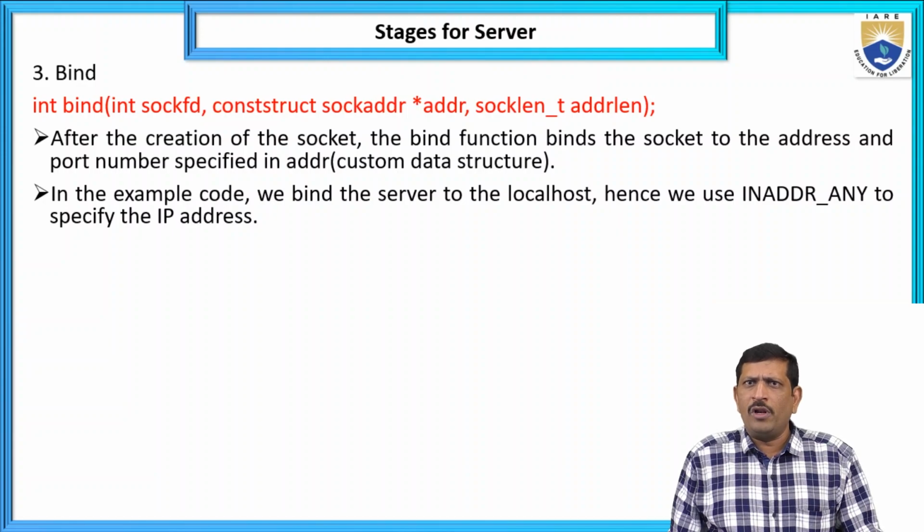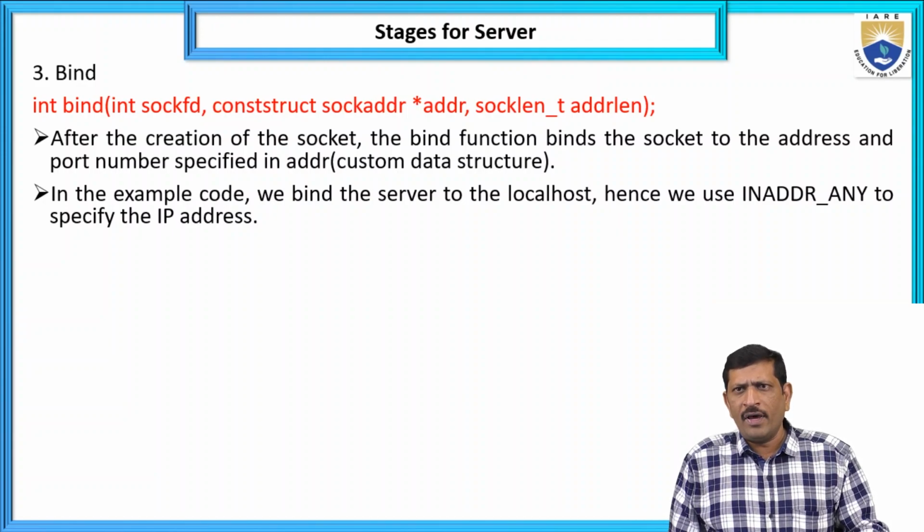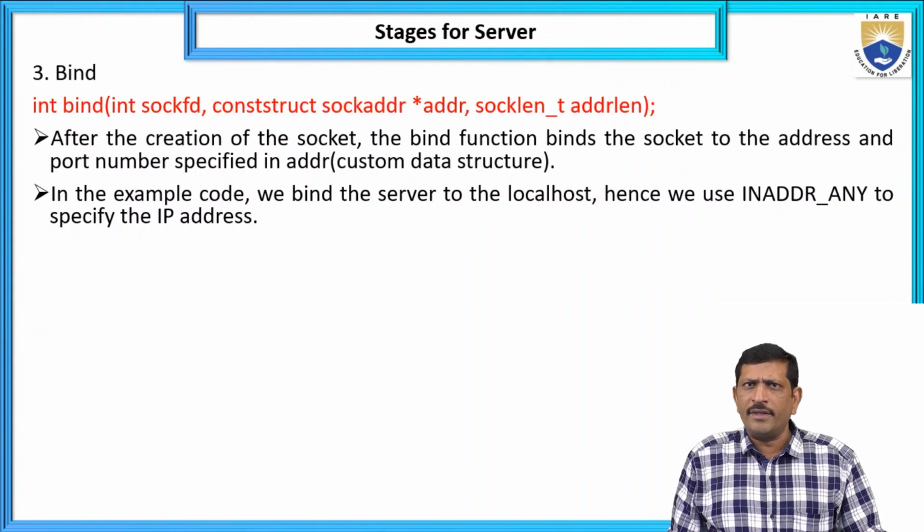In the example, we bind the server to the localhost, hence we use INADDR_ANY to specify the IP address and port number. With this IP address and port number, the socket can be bound and communication established. With the help of the socket only, the server and client sending and receiving operations can be performed. Without the socket, the server and client won't perform the operations.